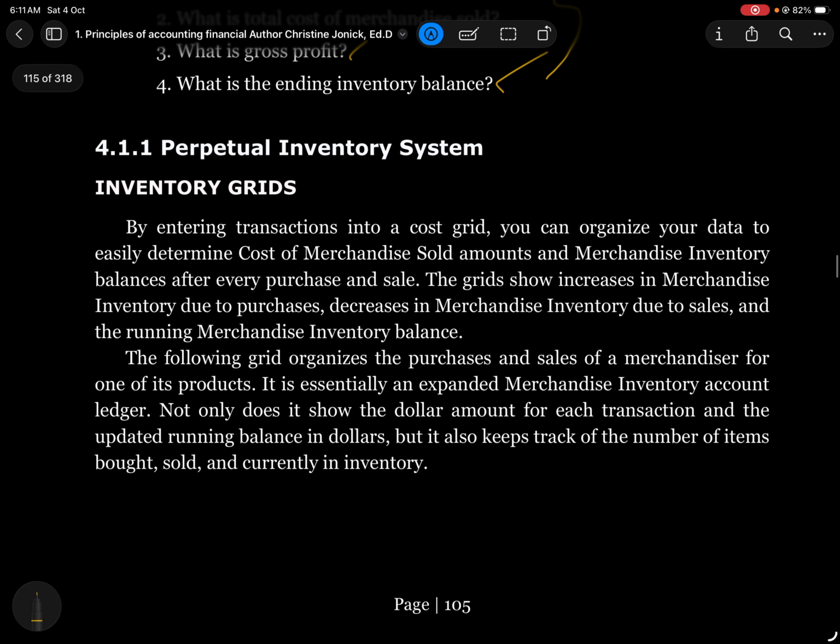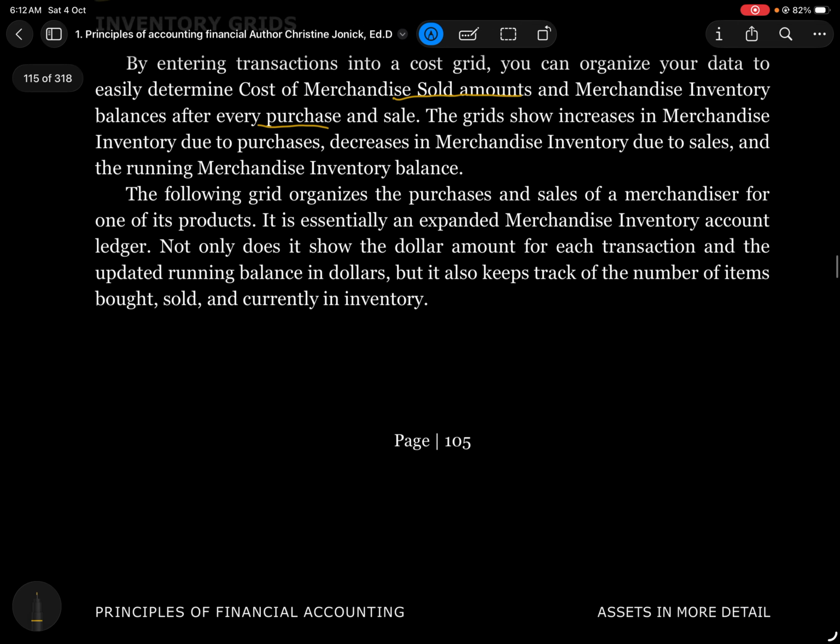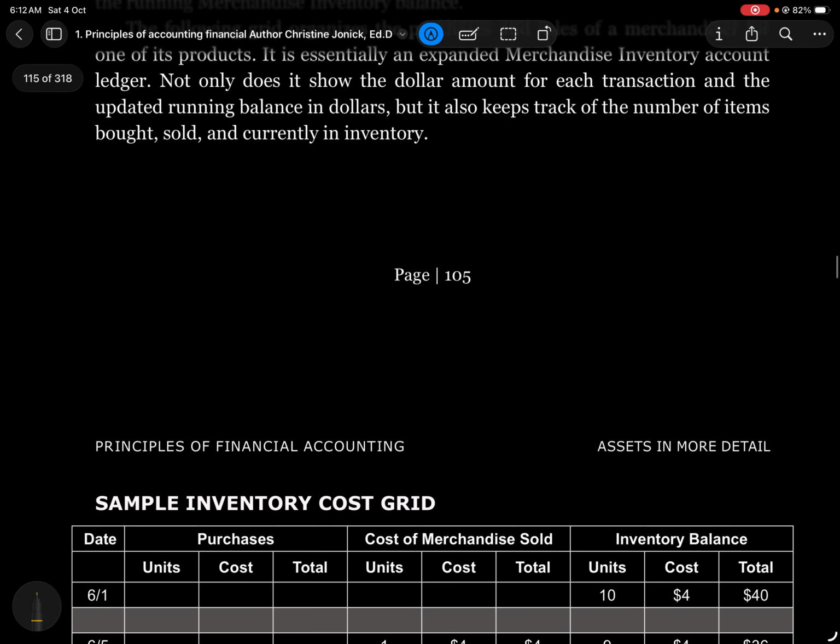So perpetual inventory system, right? Let's talk about that. By entering transactions into a cost grid, we can organize our data, right? So to determine COGS and inventory balances after every purchase or sale. Okay, so a grid would organize it like this.